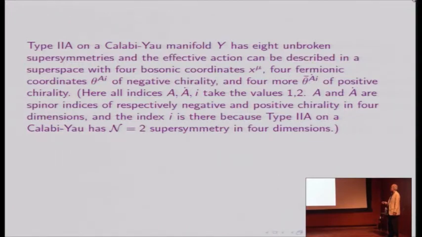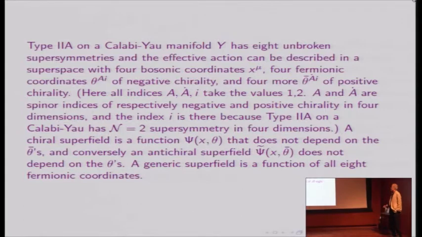All the indices are 2-valued. The spinor indices are 2-valued because spinors of definite chirality have 2 components in 4 dimensions. But you have to remember that we're doing N equals 2 supersymmetry. Type 2A on a Calabi-Yau has N equals 2. So there are actually 2 spinors of one chirality and 2 spinors of the other chirality among the fermionic coordinates. So there's no symmetry that acts on the index I. There could have been an R symmetry, but generically there isn't in type 2A compactification on the Calabi-Yau.